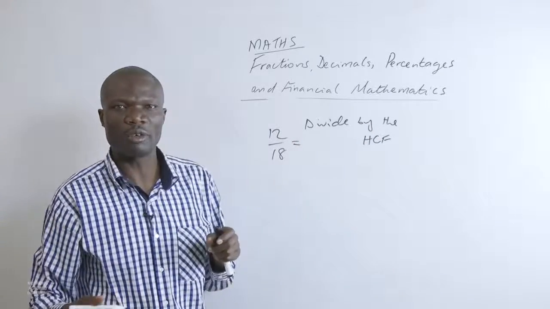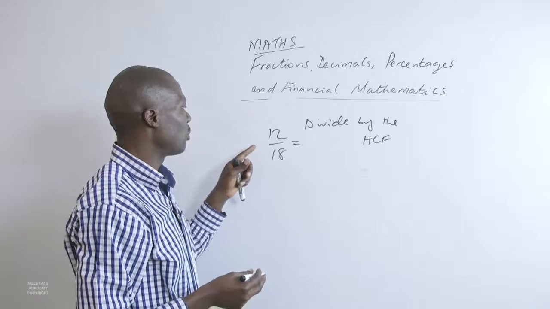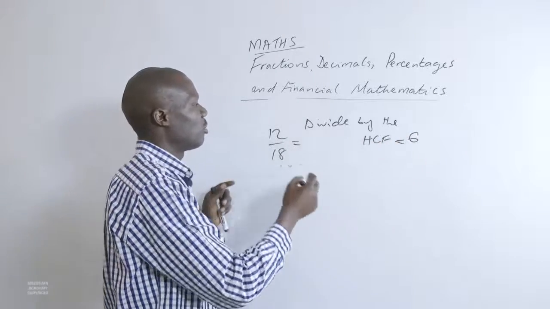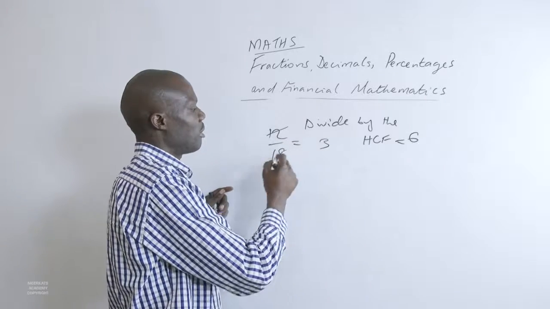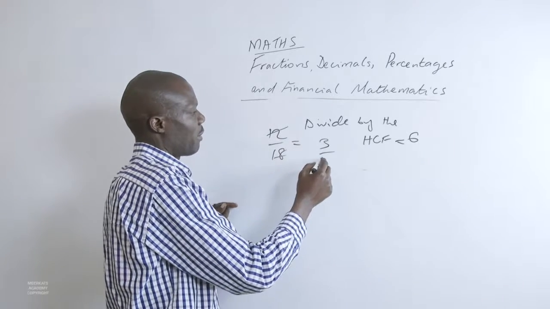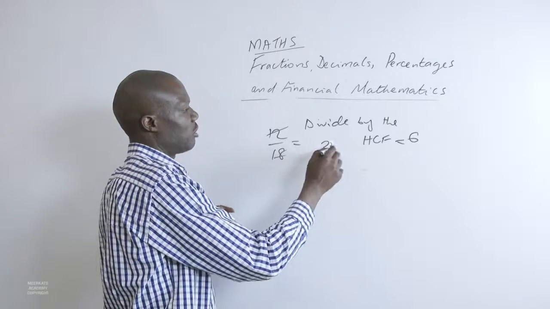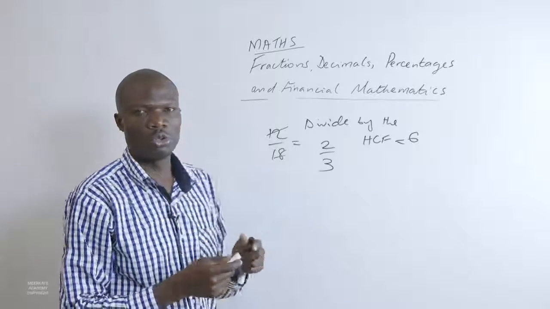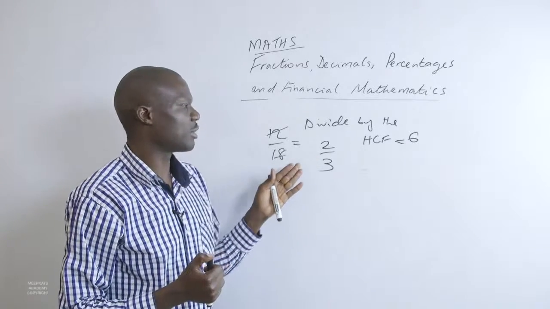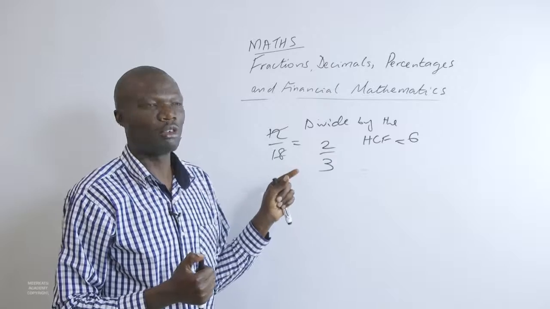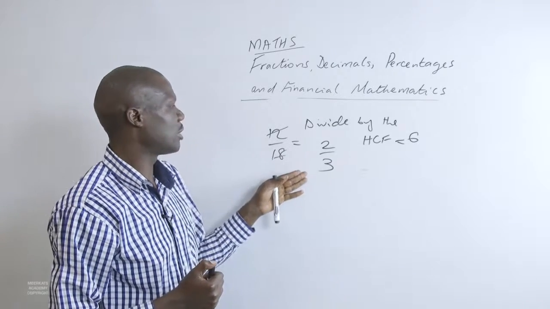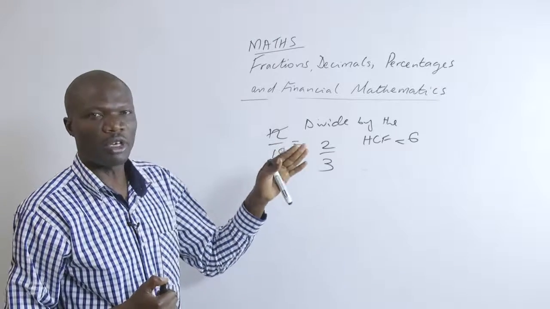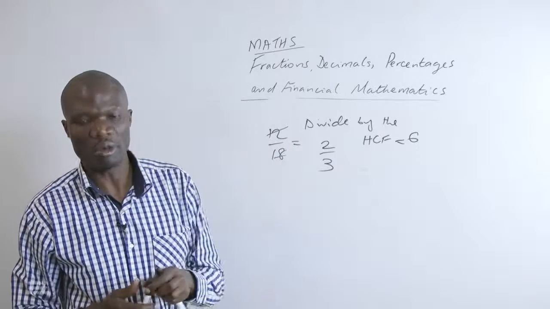And the highest common factor for 12 and 18, you realize it is 6. So 12 divided by 6 is 2, and 18 divided by 6 is 3. So we have 2 over 3 as our equivalent fraction having been simplified.